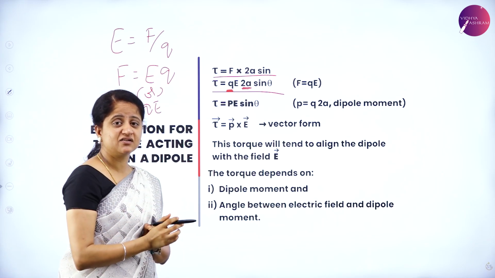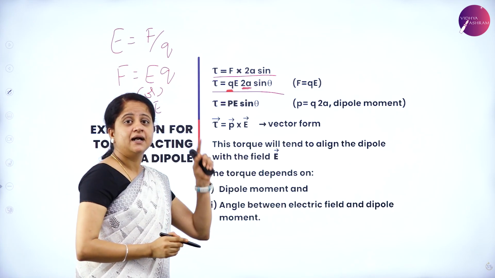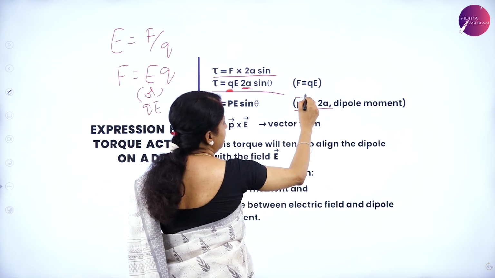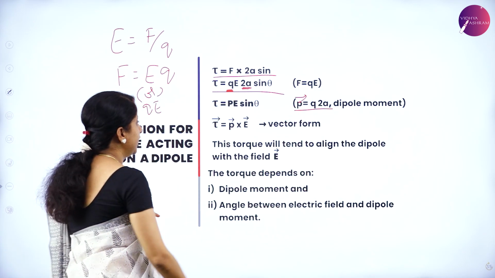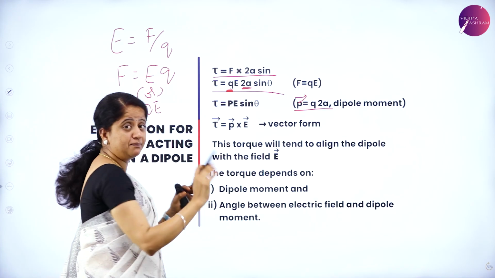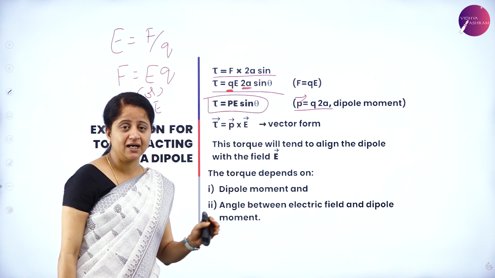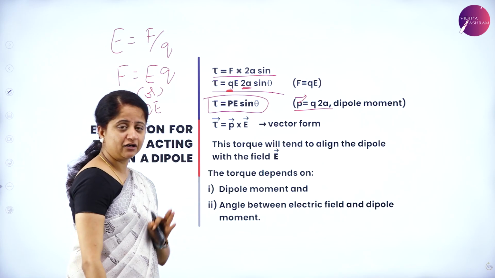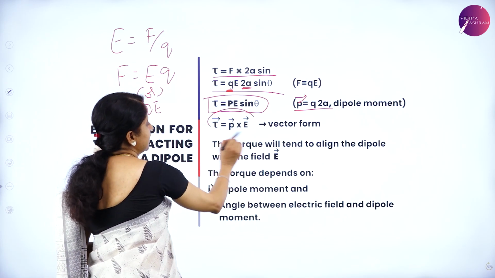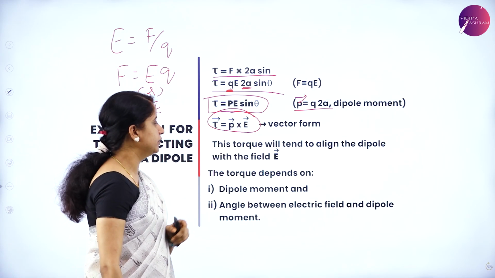It's a distance of separation between the dipole. So Q into 2a gives us a dipole moment, that is P. So P is equal to Q into 2a, and in the above expression, in the place of Q and 2a, I am replacing P. So I'll get tau is equal to PE sin theta is the expression for torque acting on a dipole, and in vector form we can represent it as tau vector is equal to P cross E.